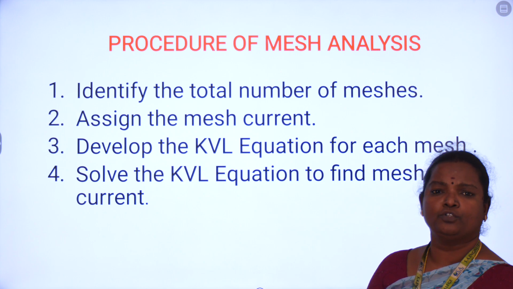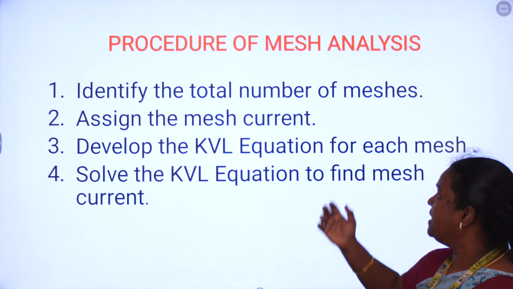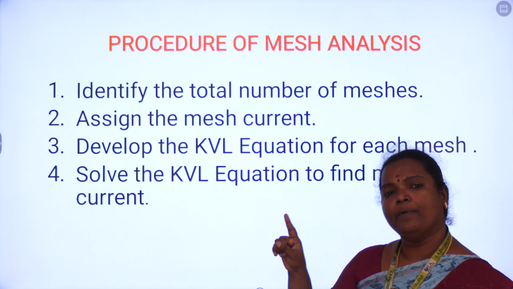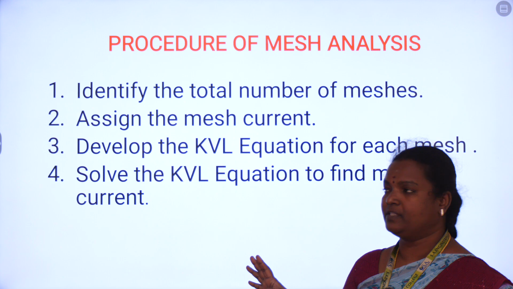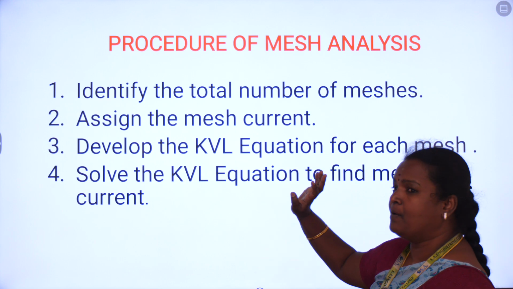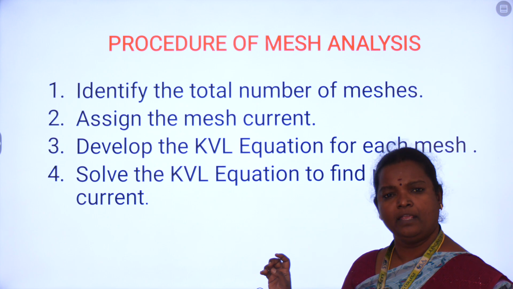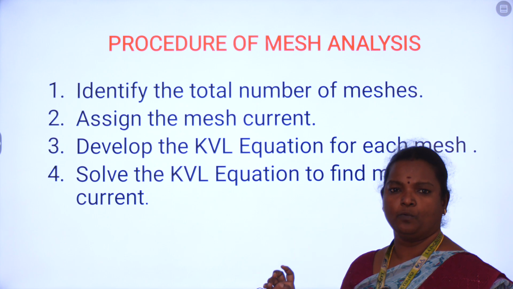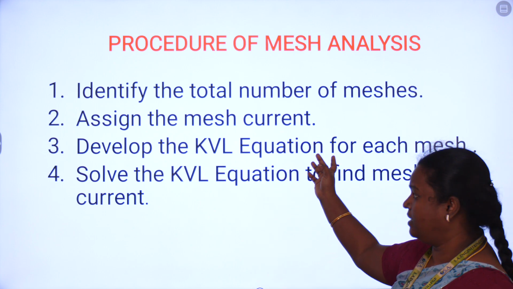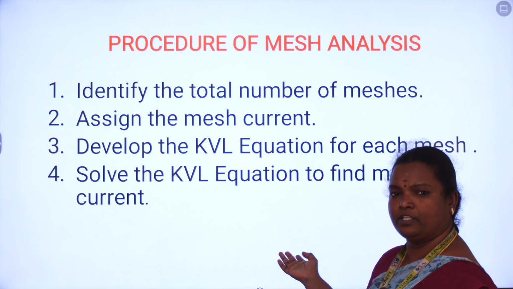So what is the procedure to solve mesh analysis? The steps are: the first one is to identify the total number of meshes. First we have to identify how many closed loops are there in the given circuit. After identifying the meshes, we have to assign the mesh currents. However many closed loops there are, that many currents we have to define, such as I1, I2, I3, etc. Next, after assigning the mesh currents, we write the KVL equation using Kirchhoff's voltage law.